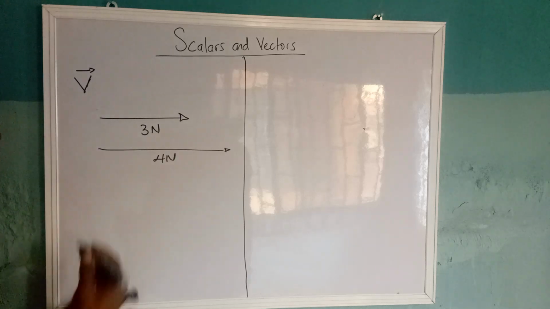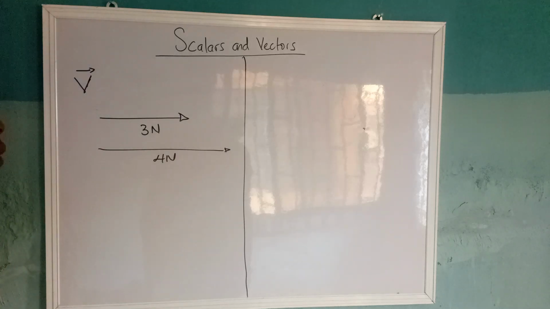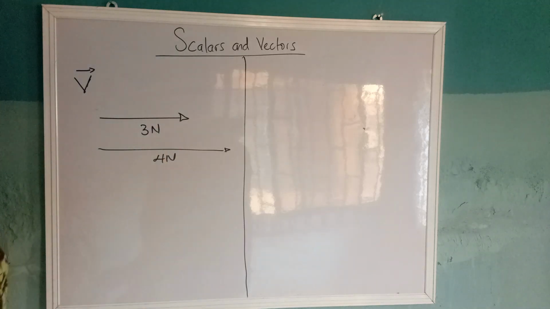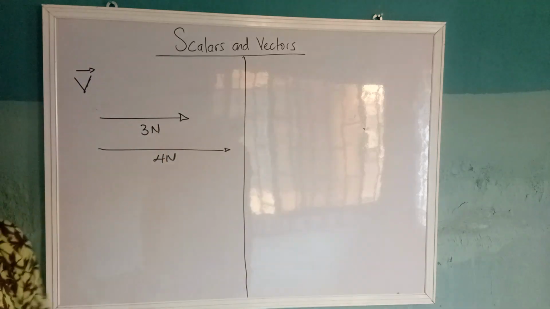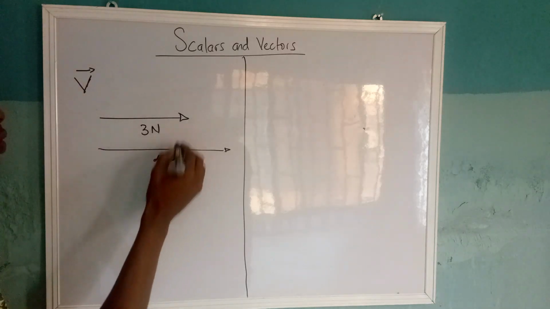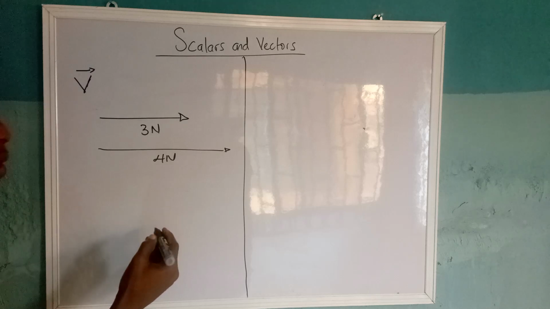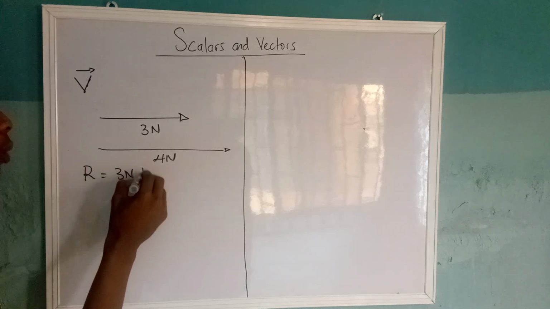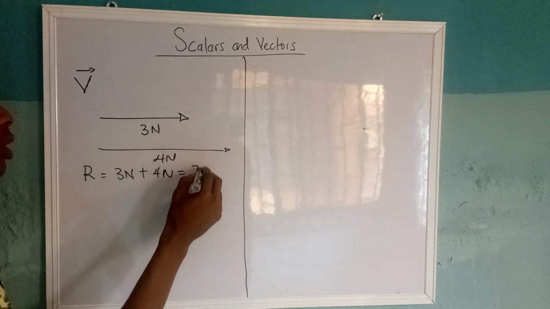So if you are to find the resultant vector, the resultant is basically that force vector that will replace the given vector system. It is the vector that, when these two vectors are combined together, gives you the result. It can replace this whole thing. So if both of them are traveling in the same direction, I can say the resultant vector will be 3 Newton plus 4 Newton, and that gives me 7 Newton.